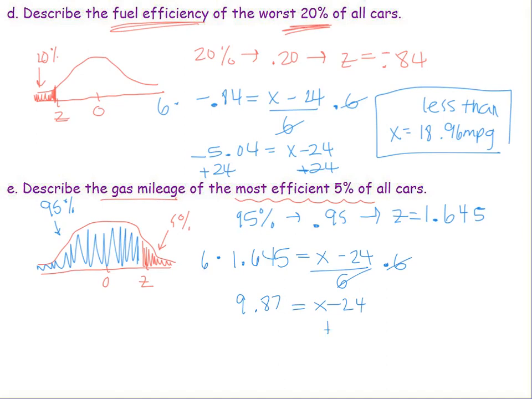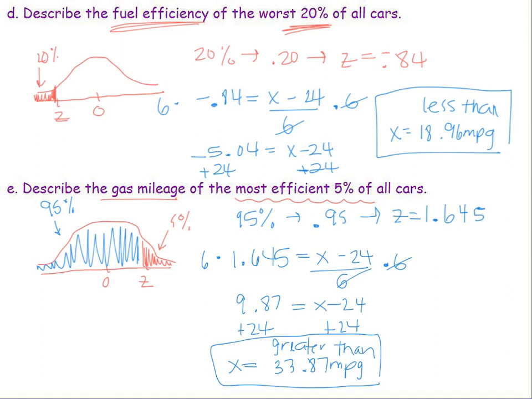Then I have to add 24 to both sides. And I get x equals 33.87 miles per gallon. Well, because this was a most efficient, it means that we are greater than that number.